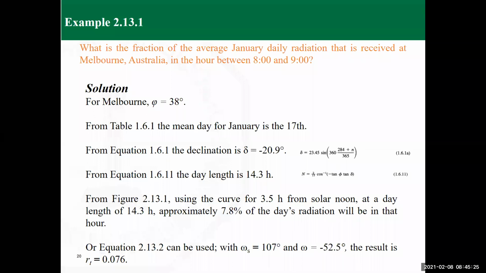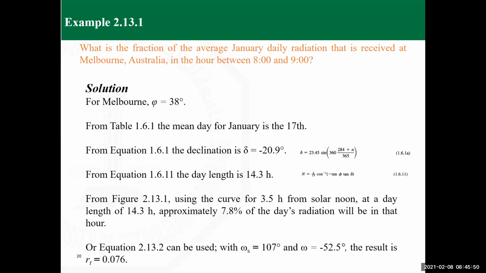And the equation that we have seen earlier, 1.6.1, that's the equation I'm writing here next to it, is for calculating the declination angle, which is given as a function of the day of the year. And then finally, equation 1.6.11 calculates the value of capital N. And again, capital N is the duration from sunrise to sunset during the day.